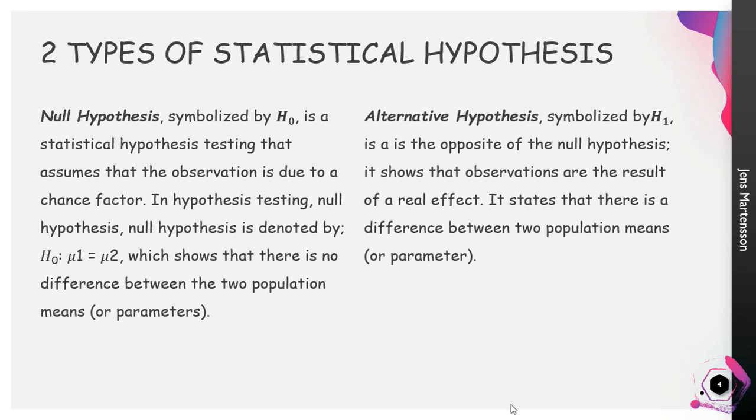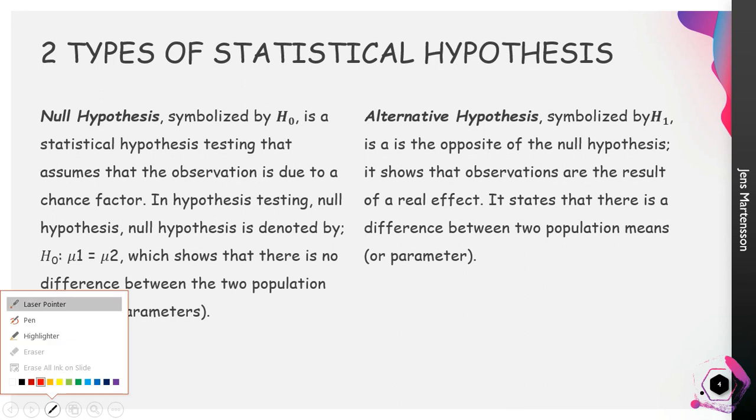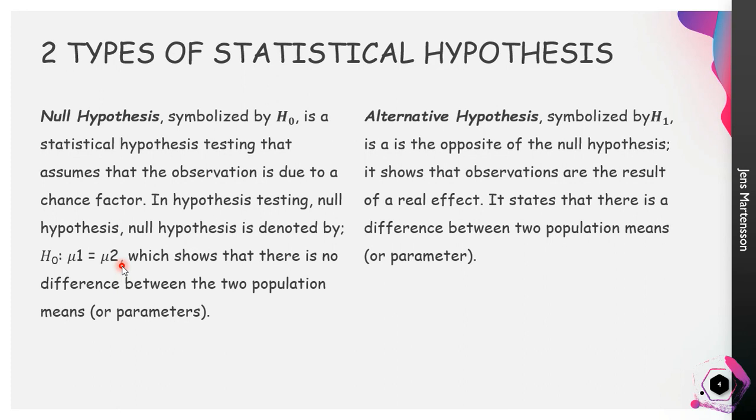Meaning, there will be no difference between the two population means or two population parameters. Ibig sabihin nun, equal lang po silang pareho. Null hypothesis is symbolized by H sub 0, and it is denoted by mean 1 is equal to mean 2, since wala nga silang difference sa isa't isa.